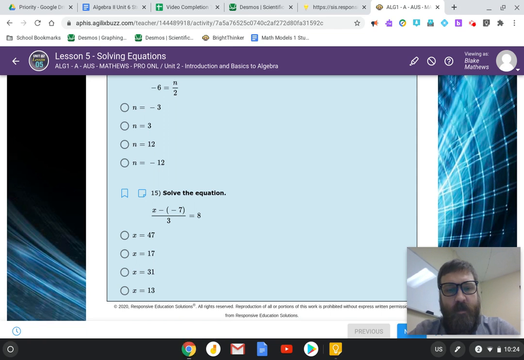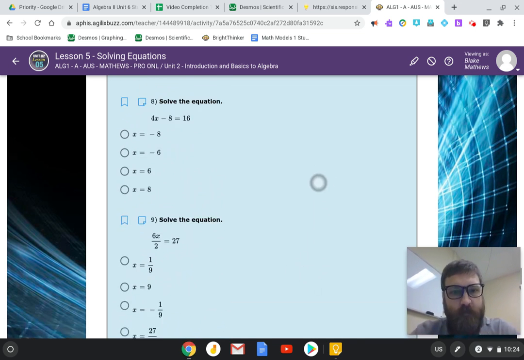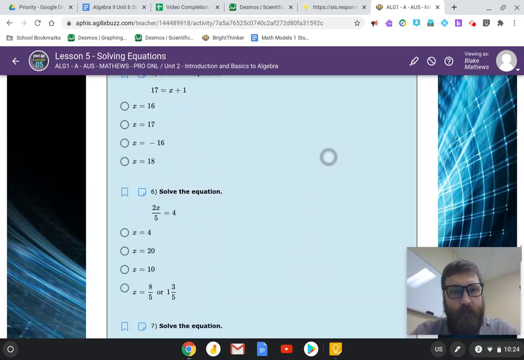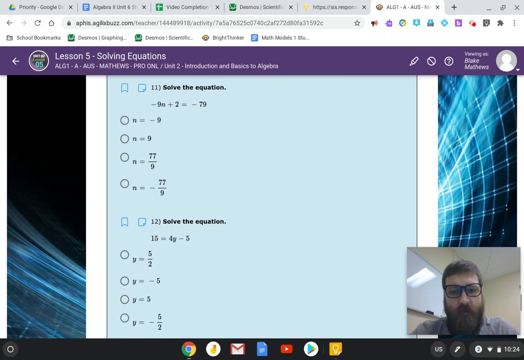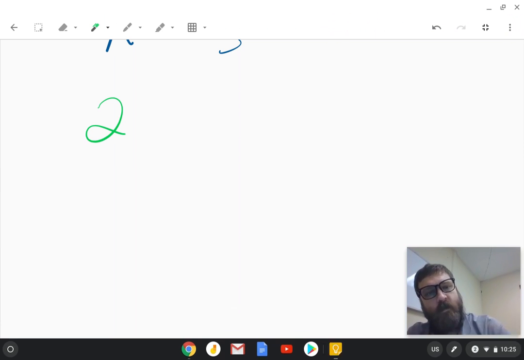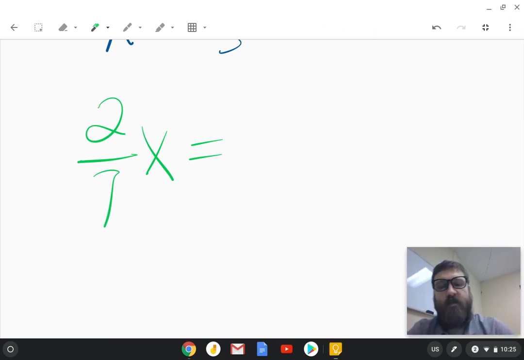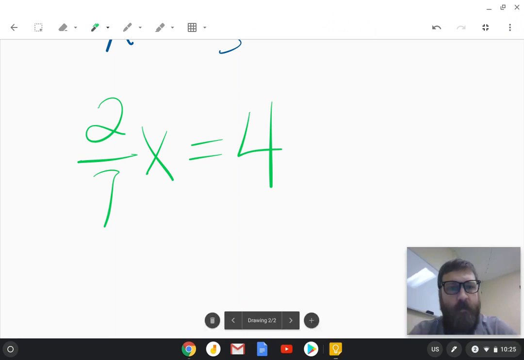Let me look at the lesson to make sure I'm covering everything we need to cover here. Yep. Okay. Let me do one more example. Let's say I have 2/7 x equals 4.